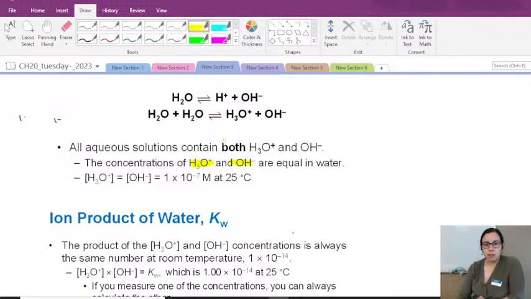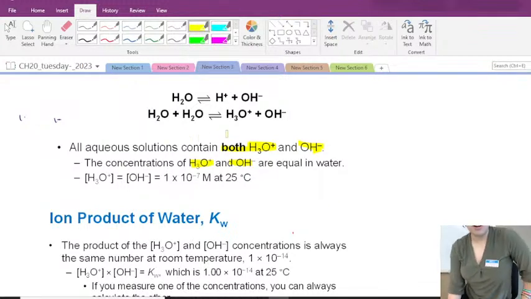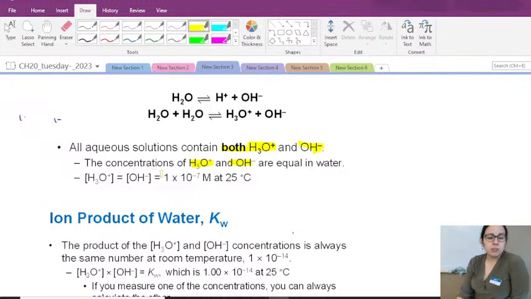Aqueous solutions contain both hydronium and hydroxide, but neutral water had equal concentrations equal to 1 times 10 to the negative 7 molarity, at 25 degrees Celsius. There'd be small deviations if you deviate away from 25 degrees Celsius. For our purposes, we always just assume that.